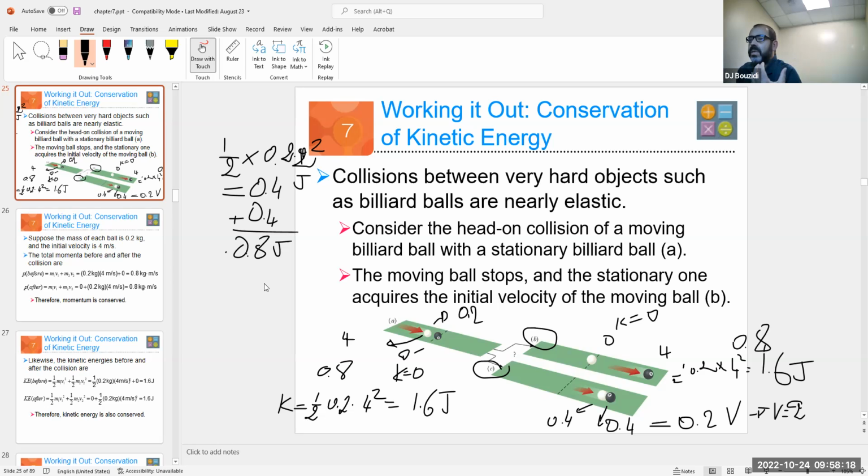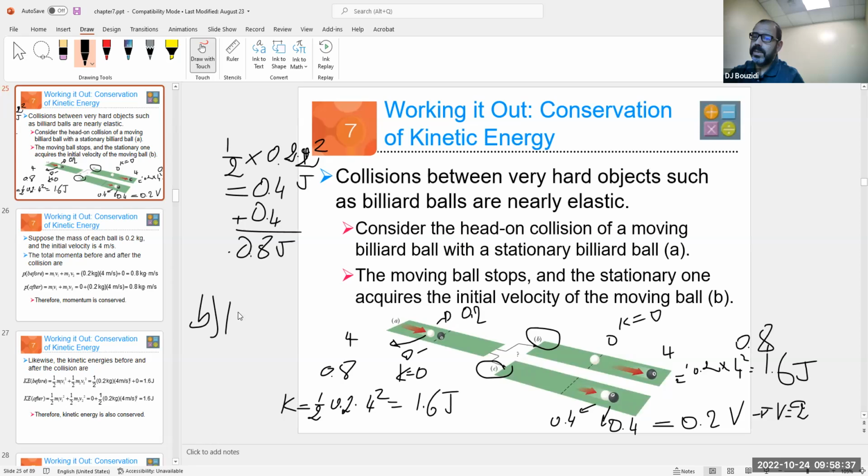So what's the difference between case B and C? Well, case B conserves kinetic energy. And since they are moving on the floor, they are moving in the same place, their potential energy also is the same, did not change. So the total energy is the same. So this one, case B, kinetic energy is the same, did not change, conserved.